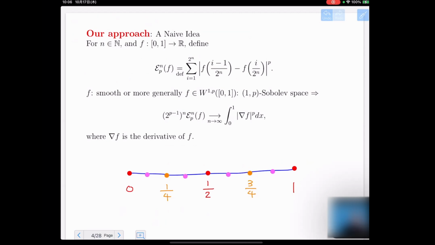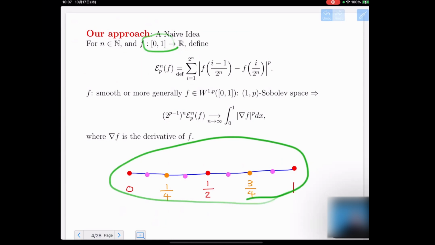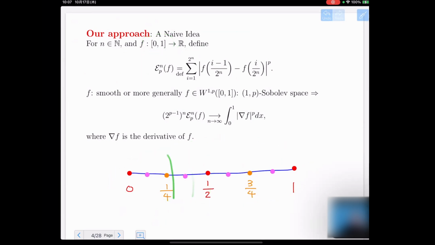Our basic idea is very simple and primitive. Let's think about the case of the unit interval. Let's divide the unit interval into n intervals, and then think about the discrete p-energy. Here f is a function from [0,1] to R. Think about the difference between two neighboring vertices, take the absolute value to the p-th power, and sum them.